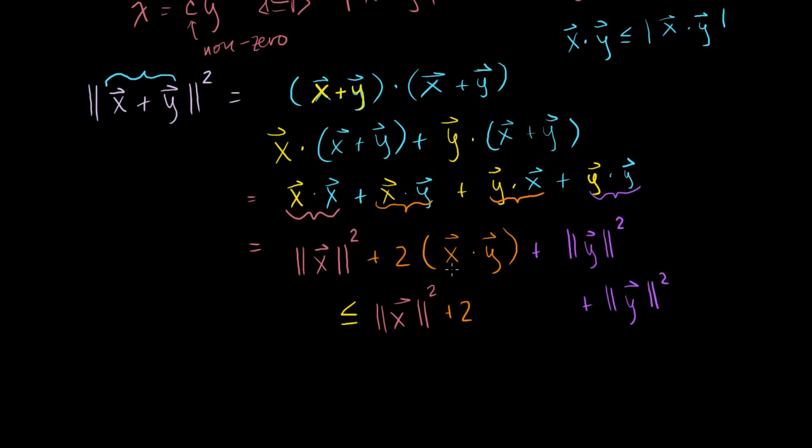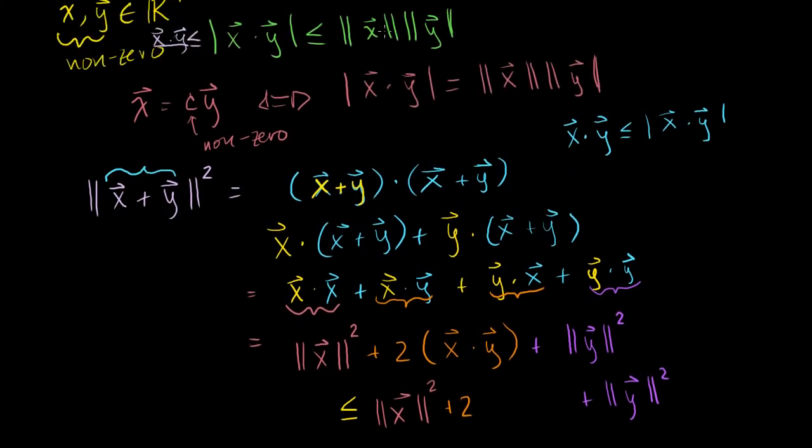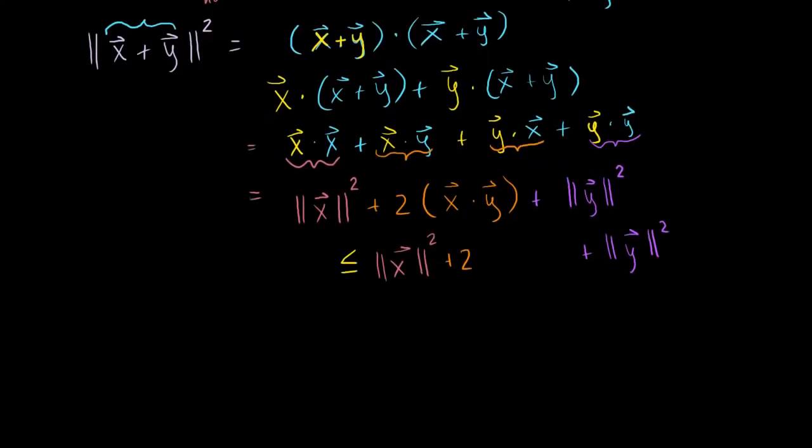Now this is definitely less than the absolute value of x dot y, which is definitely less, by the Cauchy-Schwarz inequality, than the product of the two lengths. So I'm just replacing this with the product of their two lengths, the length of x times the length of y. And since this is the same as that, this whole term has to be less than this whole term.